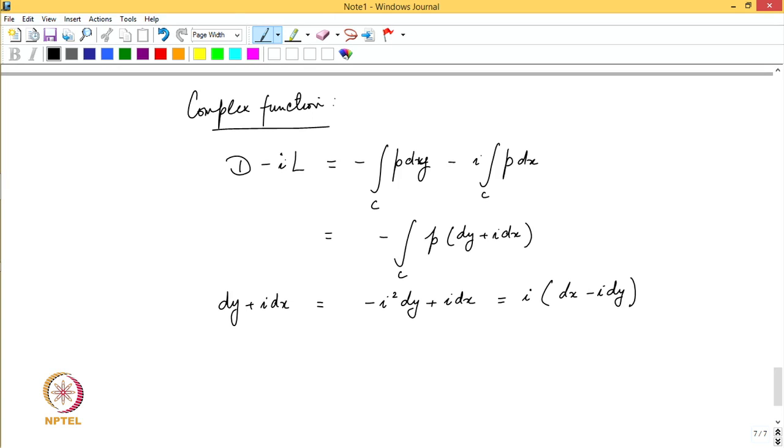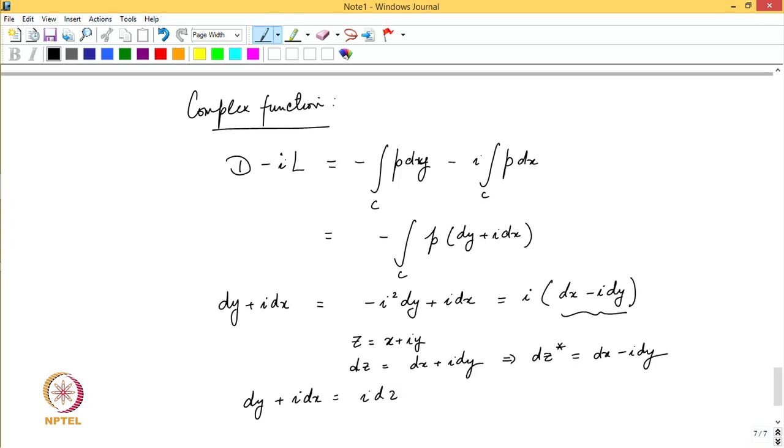Okay. So, if I say a complex number in the plane is z, which is x plus i y, then dz is dx plus i dy, and so the complex conjugate of dz, which is dz star, would be dx minus i dy, and this is exactly what this is, right. So, we can say dy plus i dx is i times dz star.